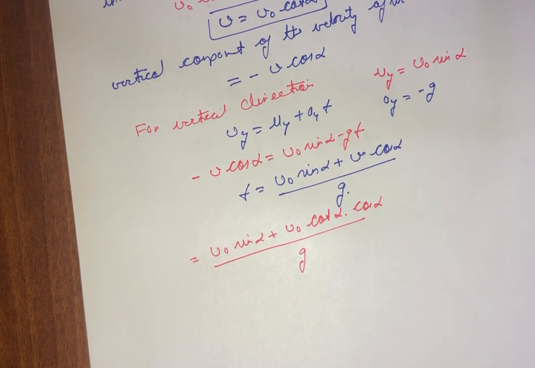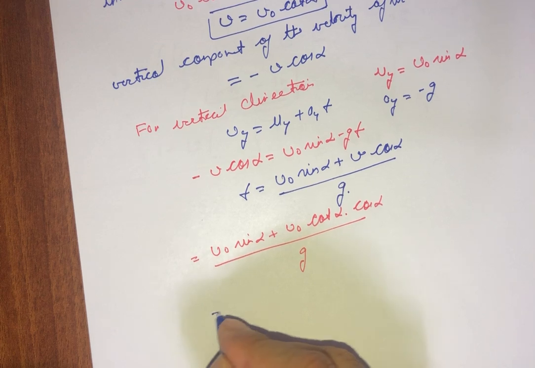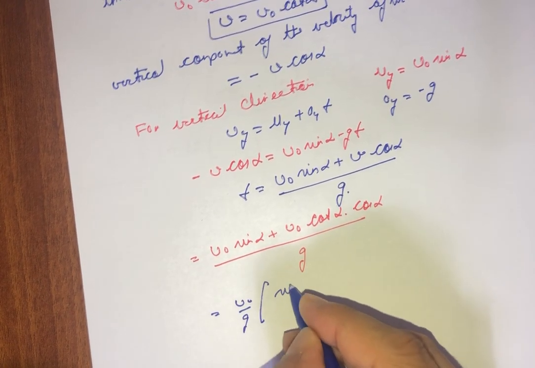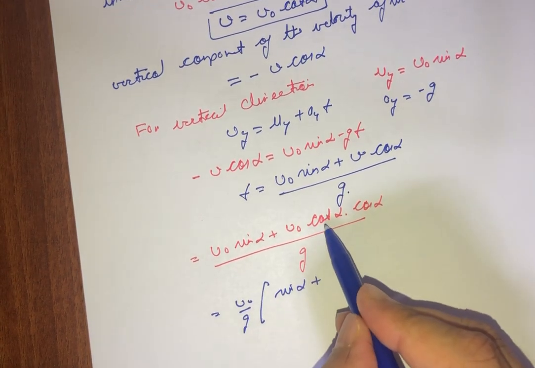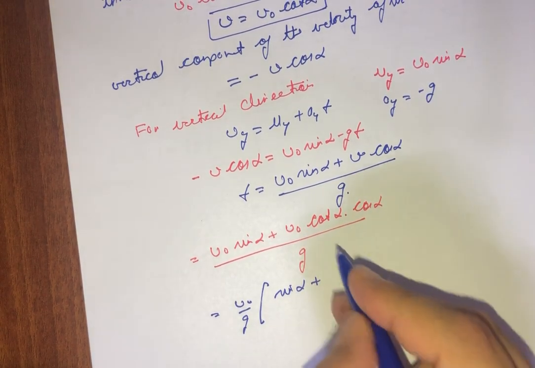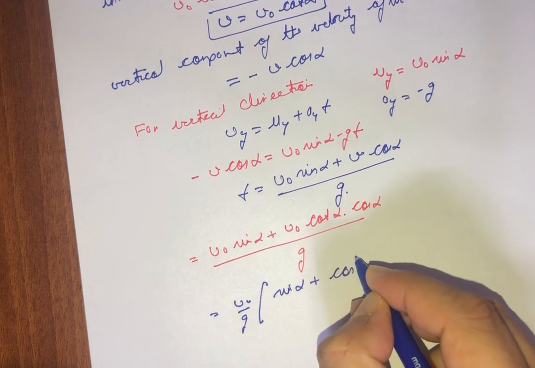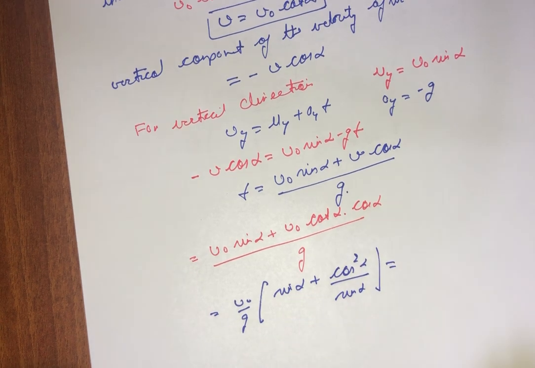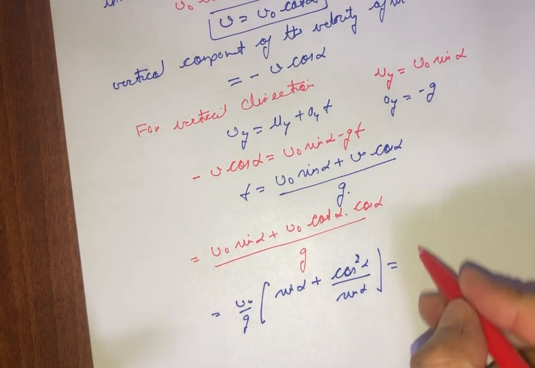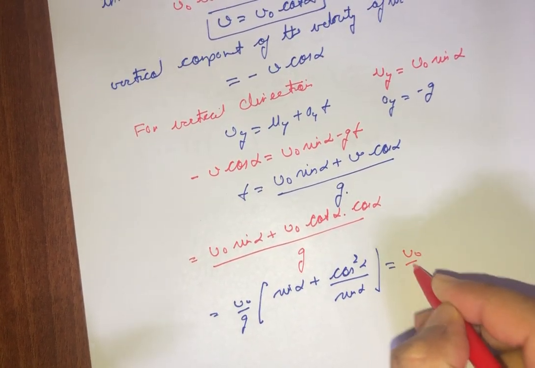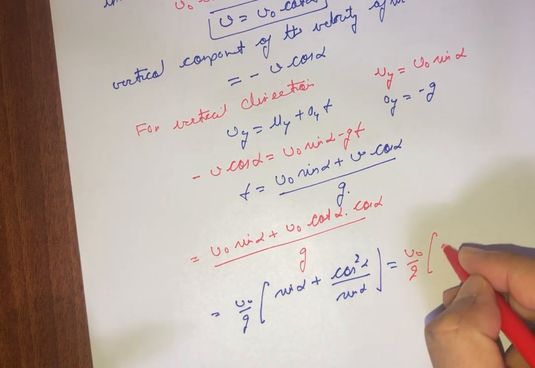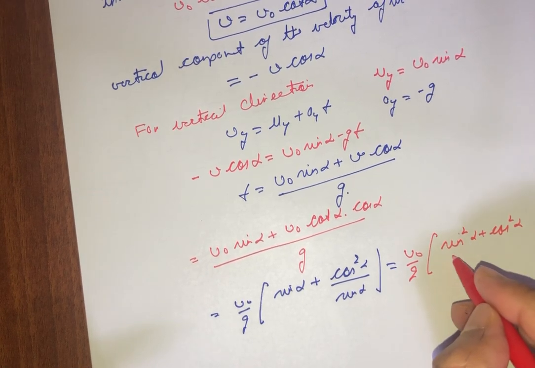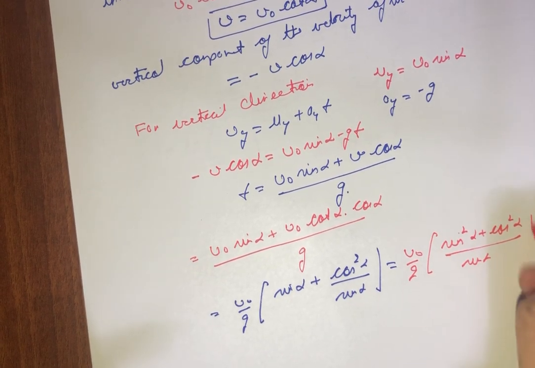We take v naught as common, so we can write this as v naught divided by g into sin alpha plus cot alpha, which can be written as cos alpha divided by sin alpha. So we get cos square alpha divided by sin alpha. We can take sin alpha as LCM. So this will be equal to v naught upon g into sin square alpha plus cos square alpha divided by sin alpha.